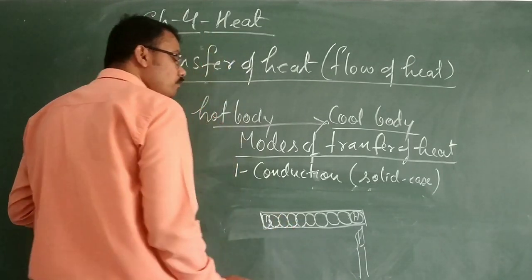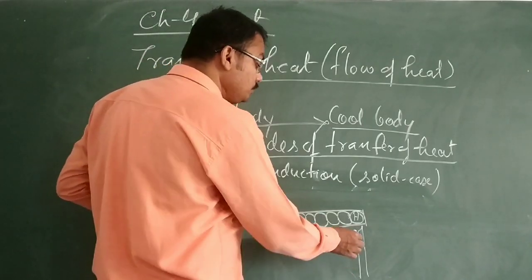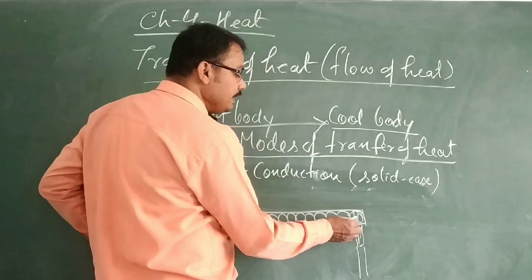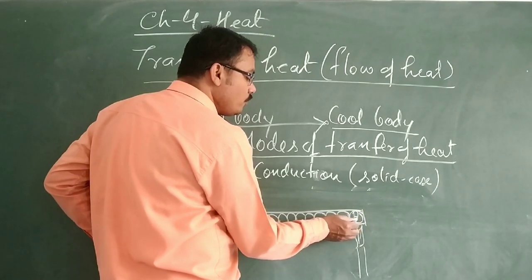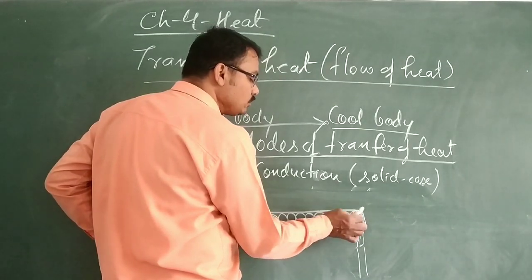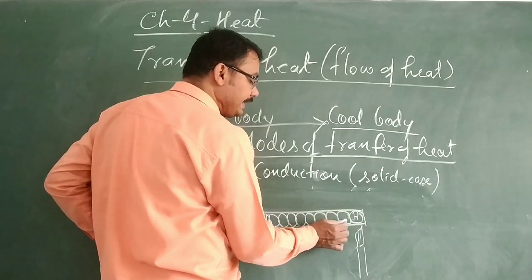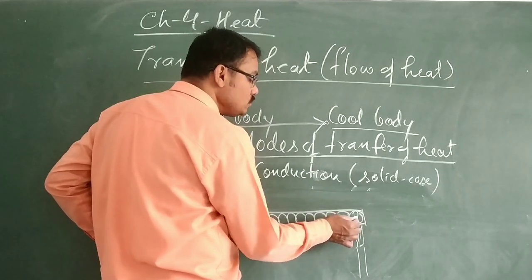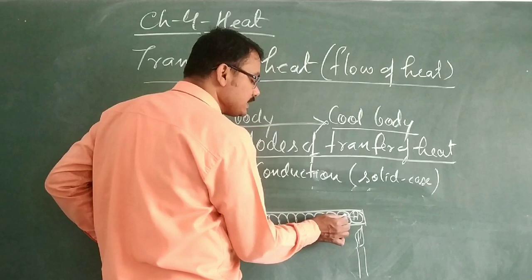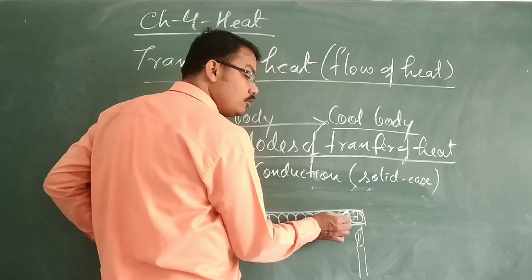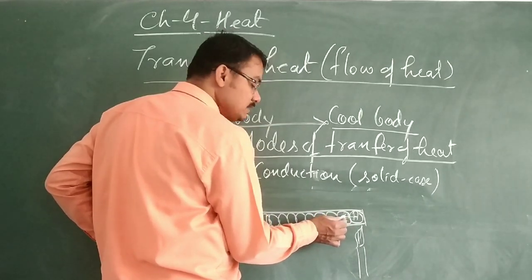So what happens when the rod gets heated? The first molecule gets heated, and the second molecule is attached to the first, so a little heat gets transferred to the second molecule. When the second gets heated, it transfers heat to the third.